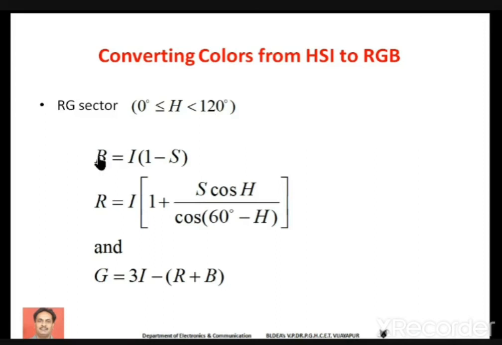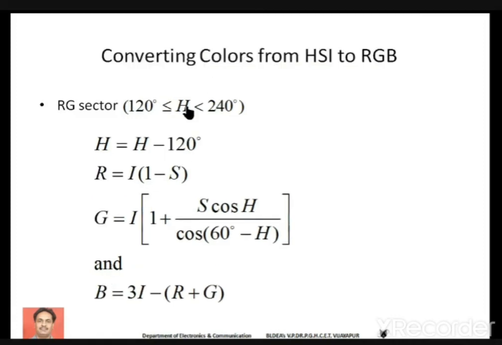Students, if you remember only one set of formulas, it is sufficient. By using this first set of formulas, the other formulas can be easily derived. Okay, next case is if H value lies between 120 degree and 240 degree.